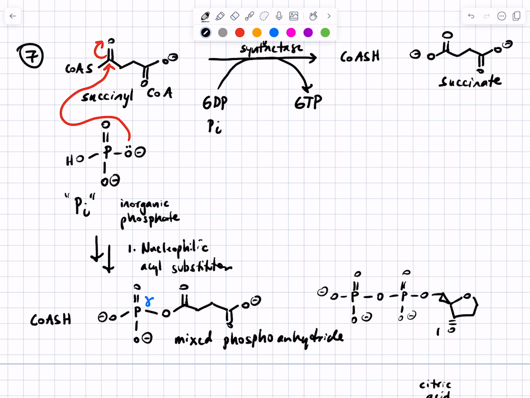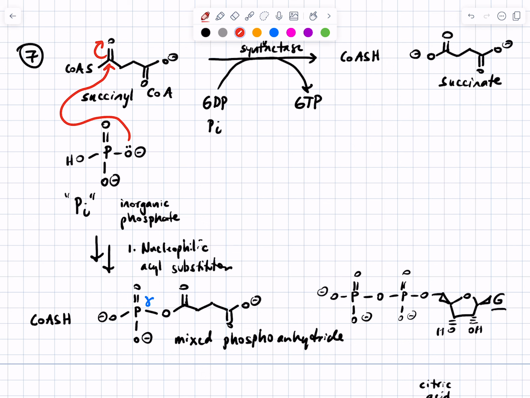Here is the ribose ring, and we're just going to draw G. What's the difference between GDP and ADP? Just the identity of the base there. Does nature use them for different things? Yes, but they're sort of exchangeable. So we're going to consider this GTP as though it were an equivalent of ATP.